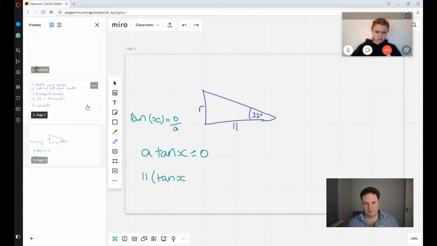It's one of the nice things about working on a digital whiteboard, you can undo anything you want. And will your phone calculator let you type that in? We'll see. Should be.